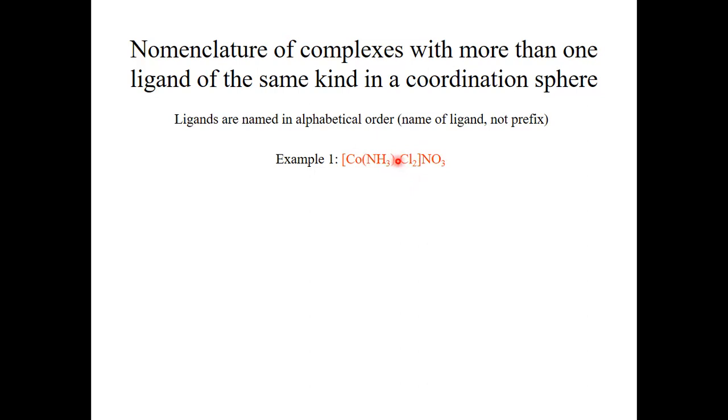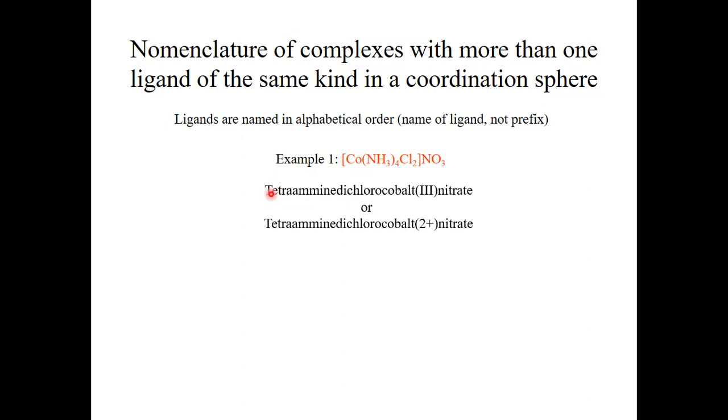So we have to ask, -2 plus what gives +1? The answer is +3. -2 + 3 gives +1, and therefore the cobalt has the oxidation number +3.